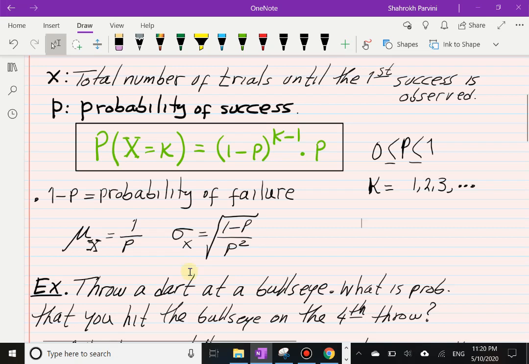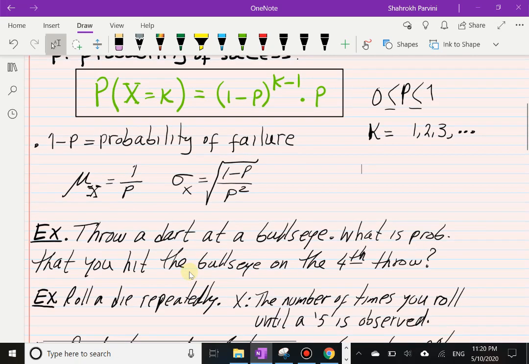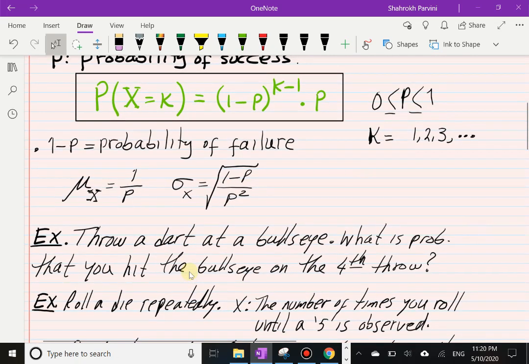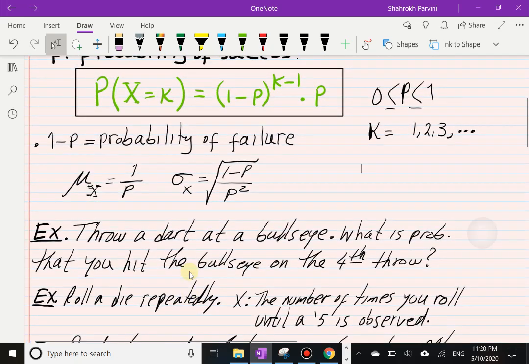Another example: we roll a die repeatedly, and the random variable x is the number of times you have to roll until a 5 is observed. Let's say I want to know the probability that I observe a 5 on the 6th roll of a die, on the 2nd roll, on the 1st roll, 3rd, 4th, 5th, on the 20th roll of a die, and so on.